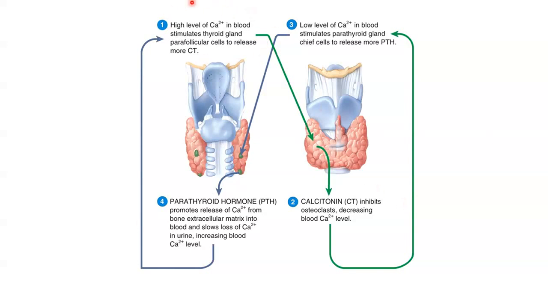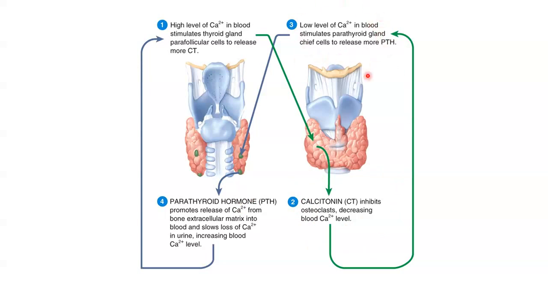So we have high levels of calcium in the blood. They stimulate the thyroid gland to release more calcitonin. The calcitonin then will inhibit the osteoclasts, so that breaking down of the bone releasing calcium into the blood. That will then lower our blood calcium levels.